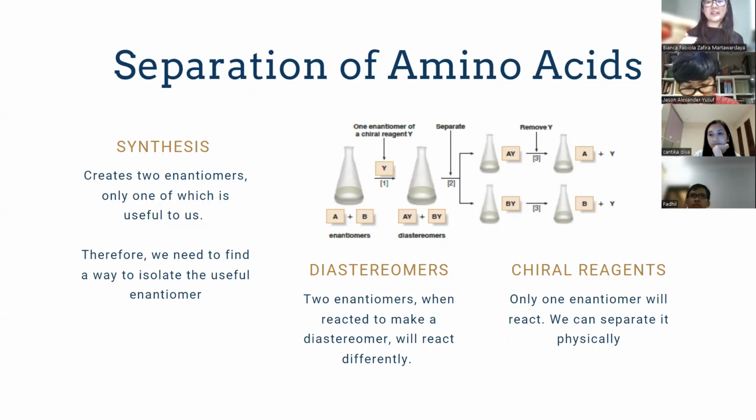Both of them take advantage of the different physical and chemical properties of the stereoisomer that's reacted with another chiral reagent, so that we can separate them and get the isomer of amino acid that we can actually use for our bodies. Next slide, please.